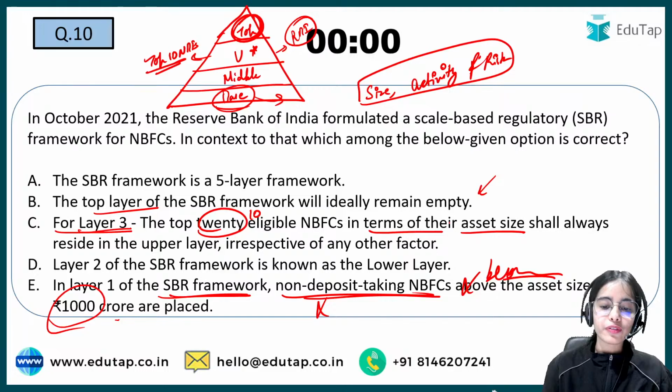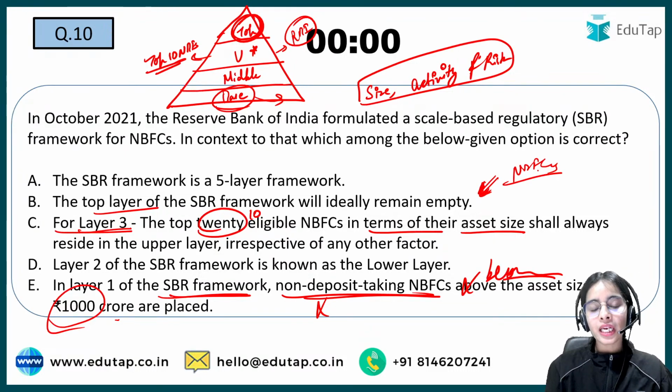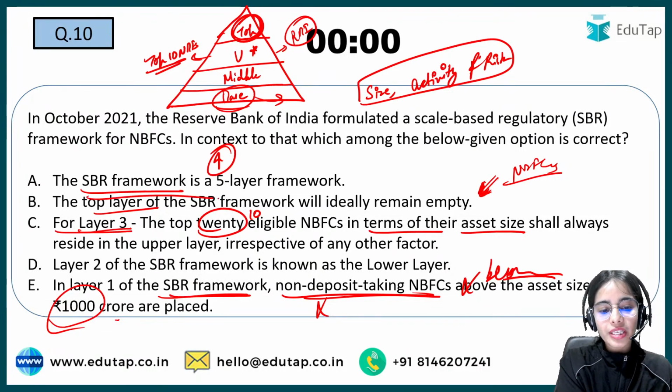If the RBI feels that there are some risky NBFCs, the RBI can put them in this layer also. So there are 4 layers of the scale-based regulatory framework, and the top layer will remain empty ideally.